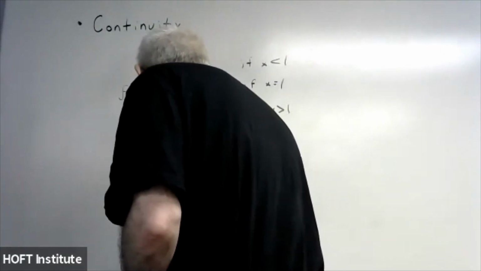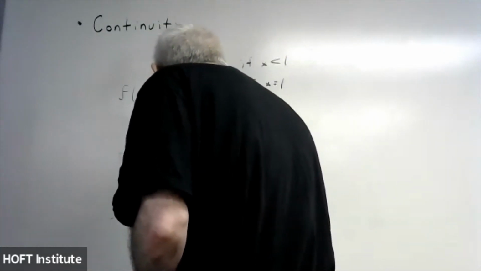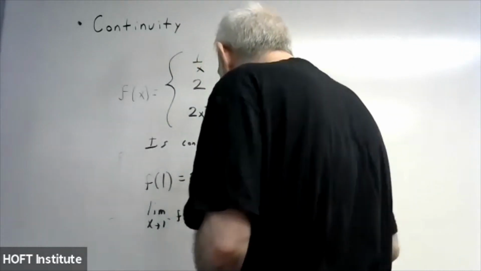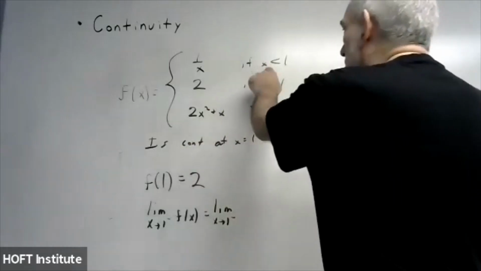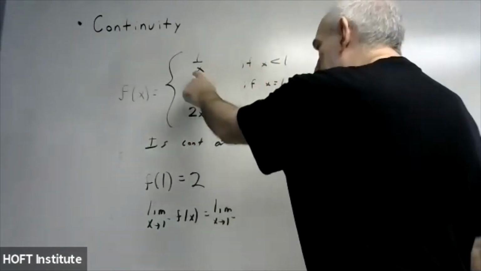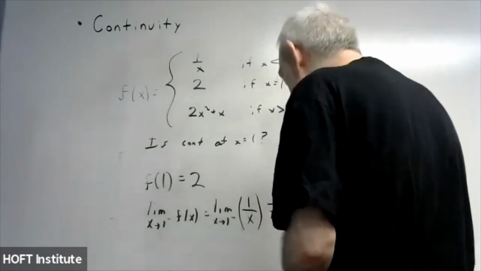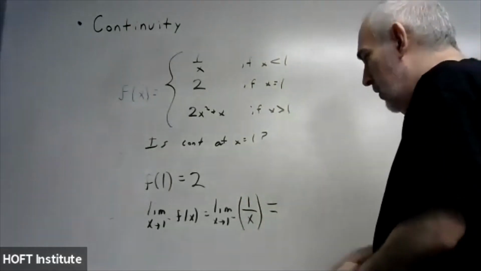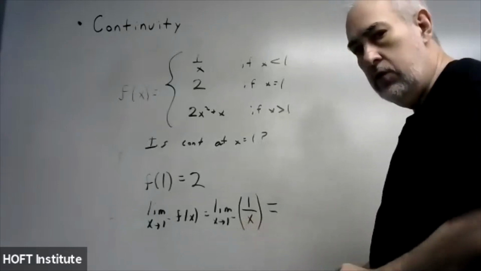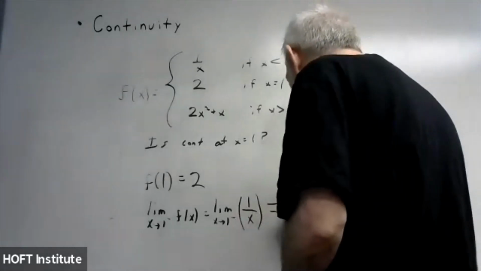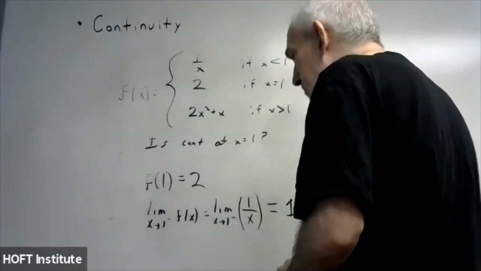The limit as x approaches 1 from the left of f of x equals the limit as x approaches 1 from the left of, now our function, left of 1 means less than 1, is the equation 1 over x. Since that's a rational function, you can just plug in your number as long as you don't divide by 0. So we just get 1 over 1, which is 1.